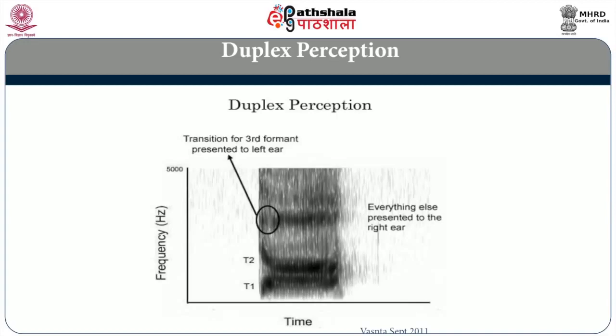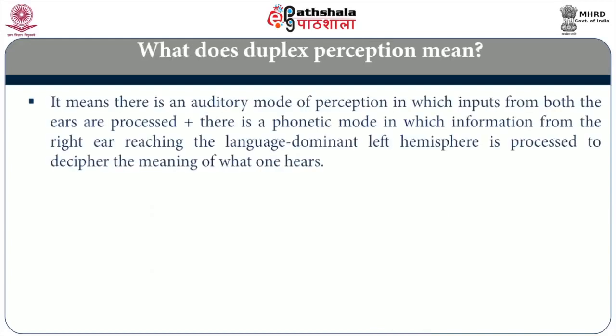So, I believe listeners heard both. So, what does it mean? What sense to make of duplex perception? What the researchers are saying is, there is an auditory mode of perception for environmental sounds which the brain receives from both the ears, integrates and makes sense of.